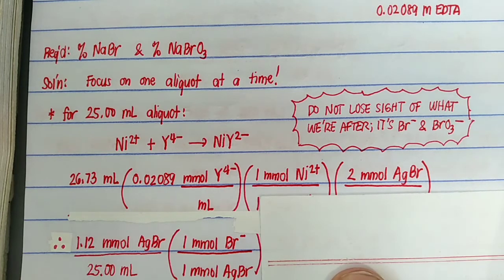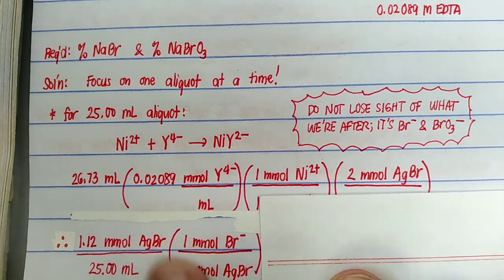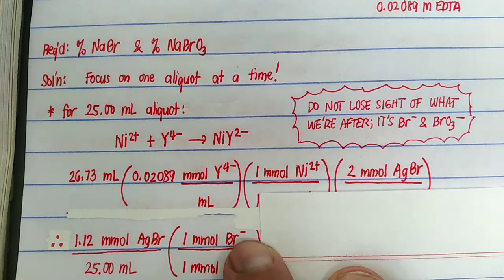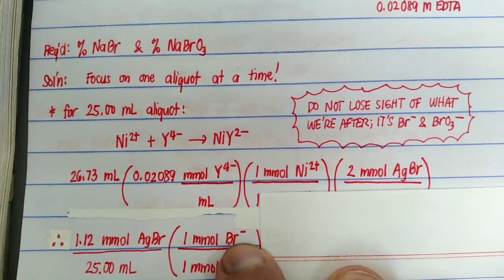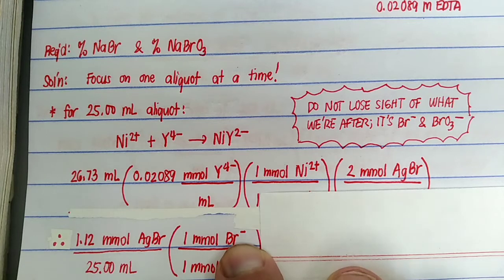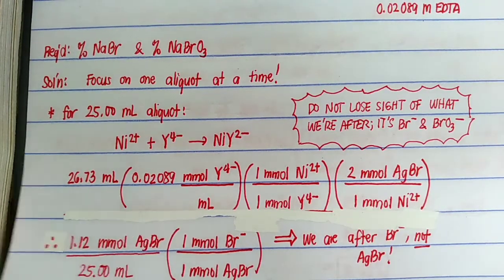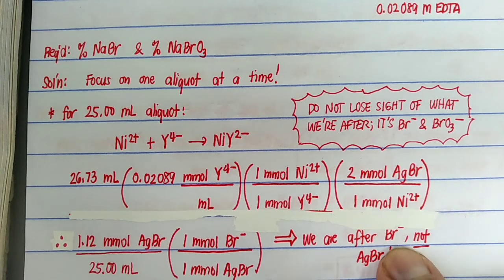We take note that this silver bromide has, from looking at its chemical formula, 1 millimole of bromide ion present. And so we're able to get the amount of bromide ion.